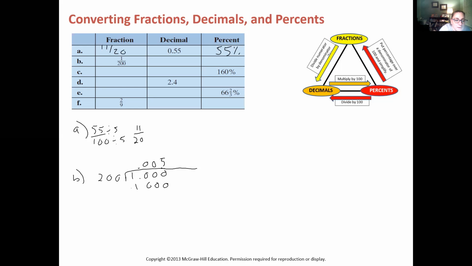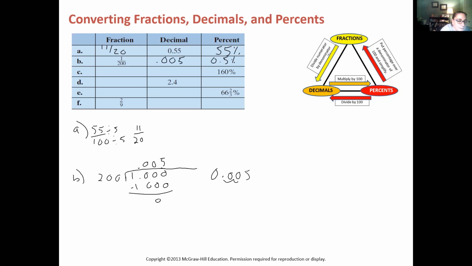All right, so we just found our decimal, which is going to be 0.005. And since that's our decimal, we can find the percent by going 1, 2, 0.5%.